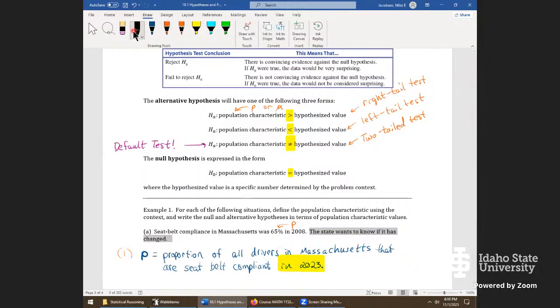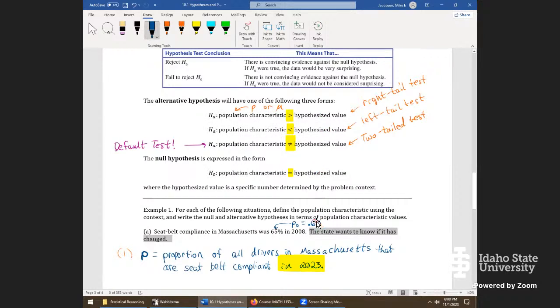When you've decided that's historical data, that becomes the value that you're going to test. And I'll often write this down on the notes. Let me change that P to P naught equals 0.65. This has become the hypothesized value. And we see that in the alternative hypothesis and the null hypothesis.